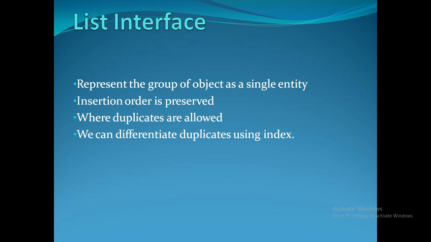So we can differentiate the elements using the index, which also starts from 0. That is how we differentiate between duplicate elements. That means in the list the index plays a very vital role. So that is the list interface.